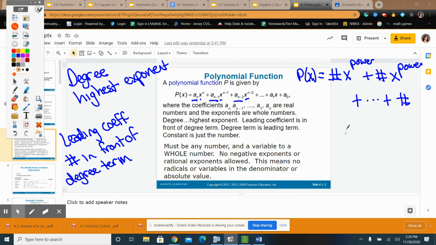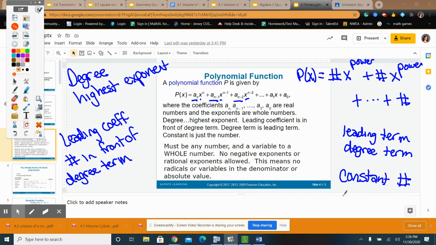The leading term is the same thing as the degree term, which is just the first term with the highest exponent, and then a constant is just a number. It's usually at the end.